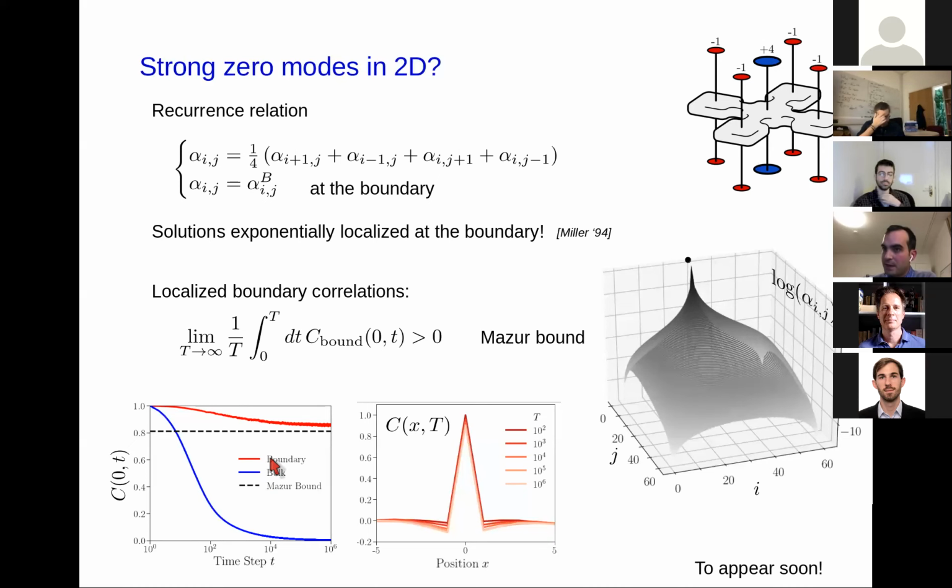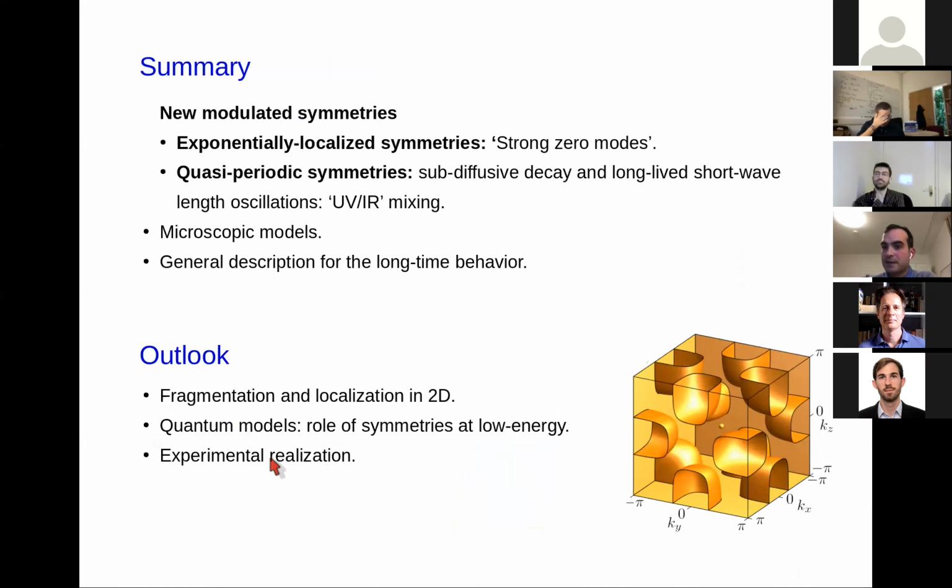So with this, I would like to finish by summarizing what we did. We introduced a new family of modulated symmetries of two different kinds. The first one was exponentially localized symmetries. Those led to something really reminiscent of these strong zero modes. The second family is quasi-periodic symmetries.